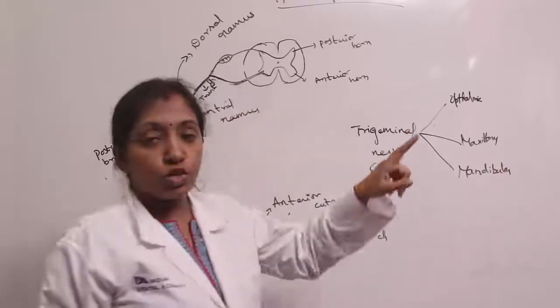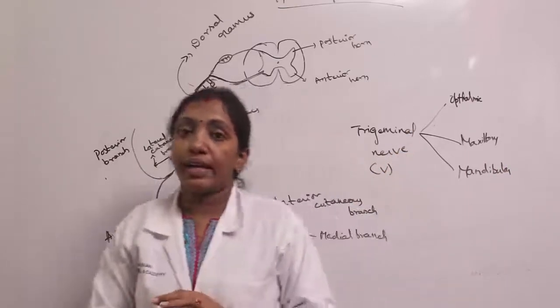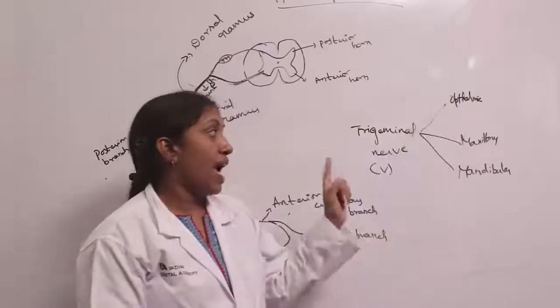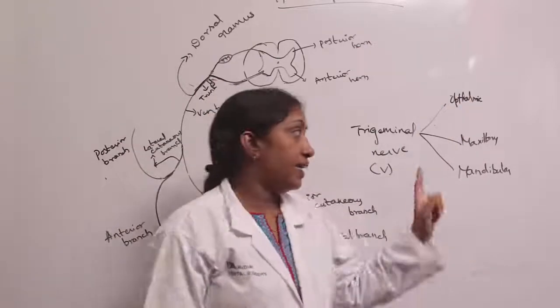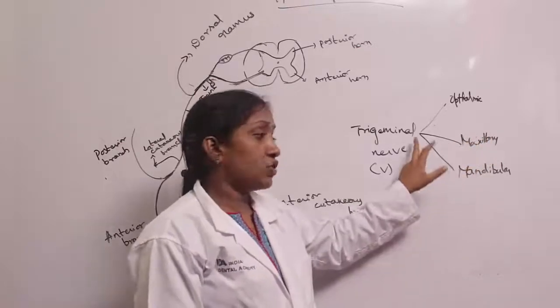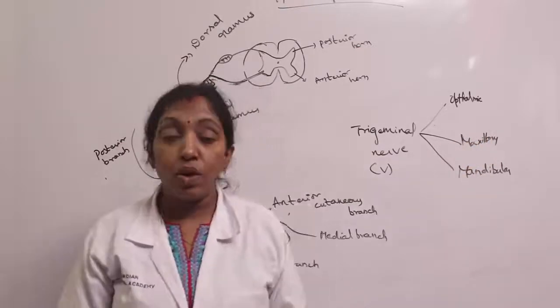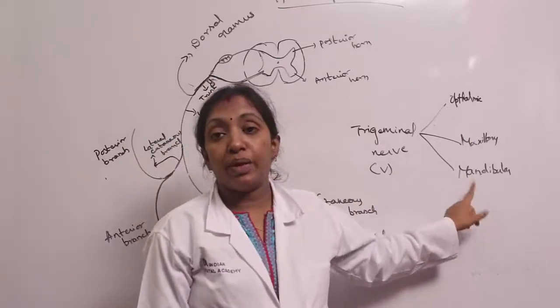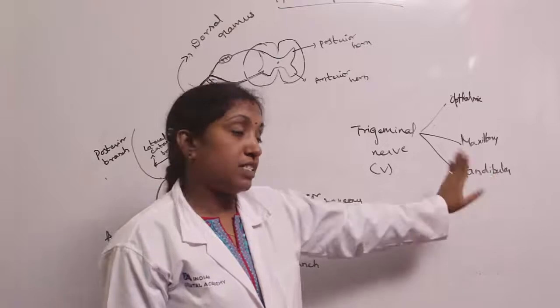So the supraorbital and supratrochlear nerves are from the ophthalmic division, and the zygomaticotemporal nerve is from the maxillary division. The next one is the temporal branch of the facial nerve, and the auriculotemporal nerve is from the mandibular division of the trigeminal nerve.